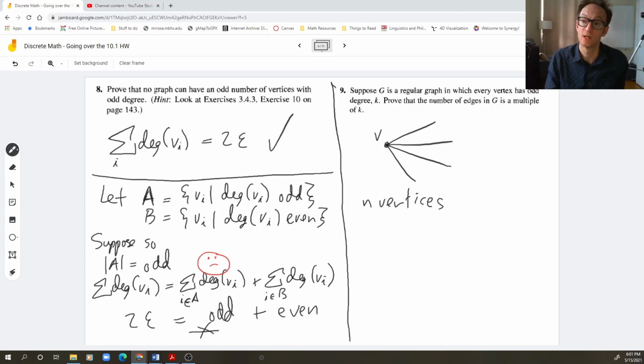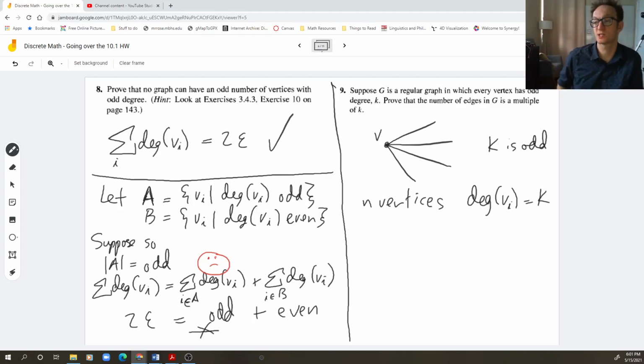The graph is regular, so the degree of every vertex is k, and also k is odd. That's just the setup of the problem. Every vertex has odd degree k. Prove that the number of edges in G is a multiple of k.